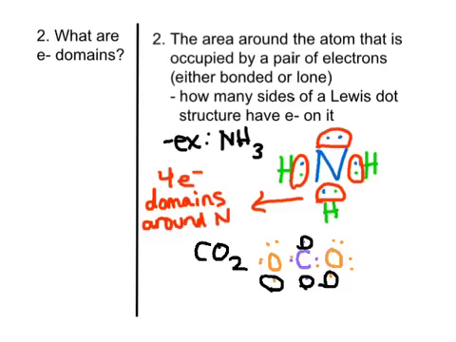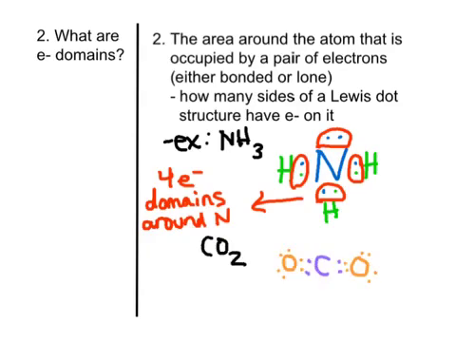So if we have unpaired electrons, we have to put them in the middle to make double bonds. So let's see how this is going to work. That's our final Lewis dot structure when we've put our double bonds on either side. So here we can see that carbon doesn't have 4 electron domains like nitrogen did above it. Carbon only has 2 sides with electrons on it. So that means we've got 2 electron domains around carbon.